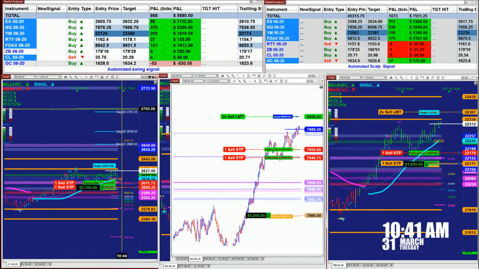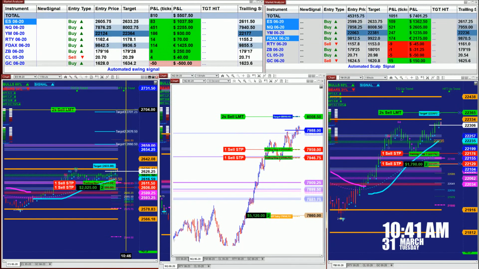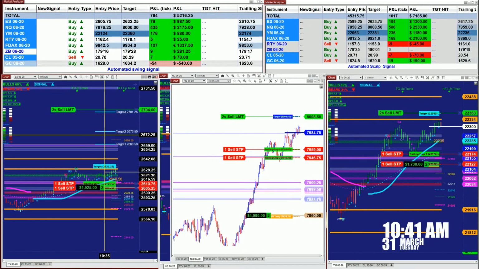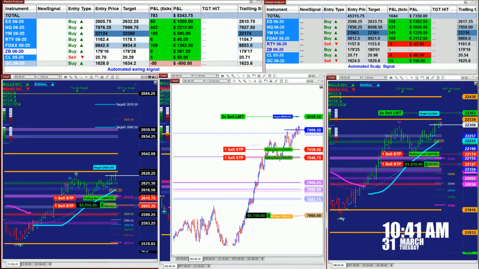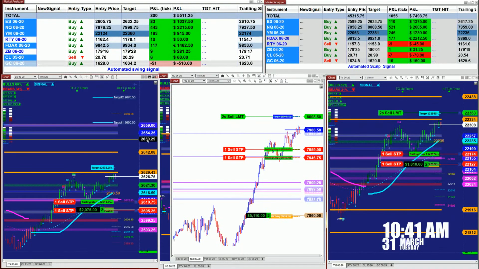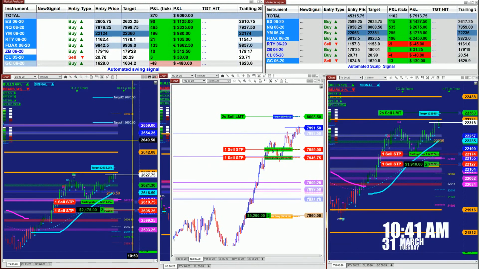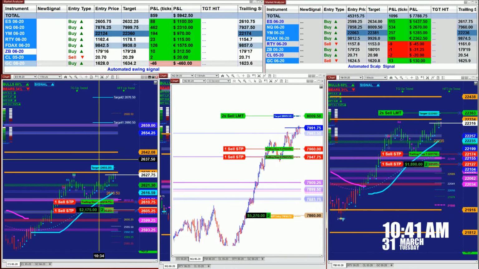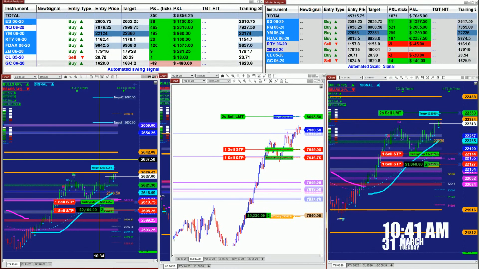Let's see. And now it's 10:41. I'm expecting if this market keeps going like this, by 12 o'clock we should be on the ES around the 2652 level.